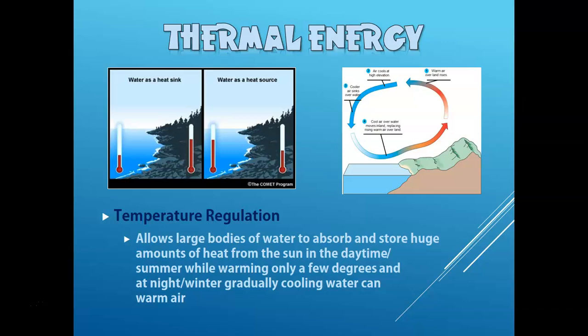So we don't want a couple of 90-degree, 100-degree days to go boiling off all of the water in a lake, because that would be bad for the organisms who live there.